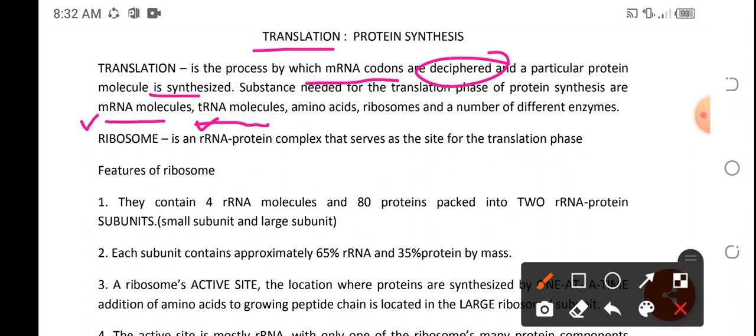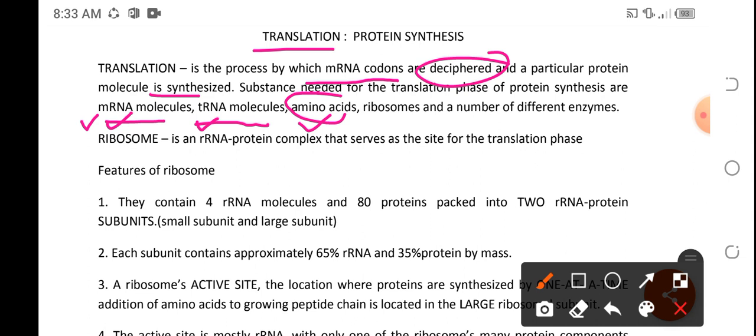So kinakarry niya yung hinahawakan niya, siya magde-deliver ng amino acid because of the direction of mRNA, na nagsisilbing blueprint na nagko-contain ng mga genetic information. We know also that amino acids are the building blocks of protein. So, importante sila sa protein synthesis, and kinikarry sila, tinatransfer sila ng tRNA.